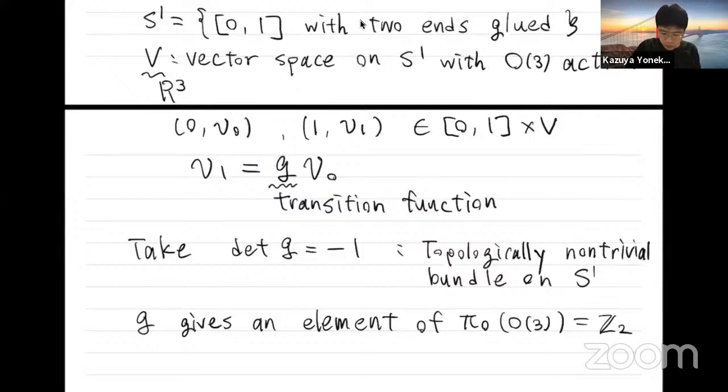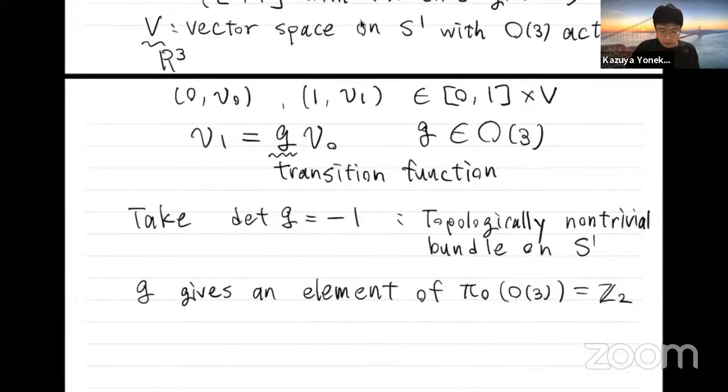I forgot to write that this g is an element of O3. So we can use a group element as a transition function in this construction of the fiber bundle. And in this way, we get some bundle. And this bundle is topologically non-trivial if the determinant of this group element is -1. Then we get a topologically non-trivial bundle on S1.